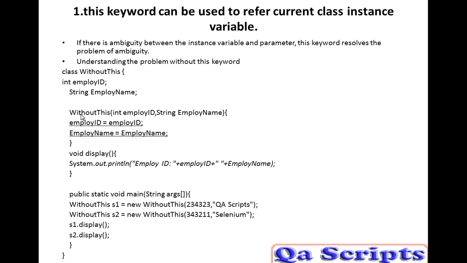What is constructor? Constructor is nothing but a method having same name as class. So the class name is without this and constructor name also is without this, and this is parameterized constructor because I am passing parameters, that is int employeeID and String employeeName.